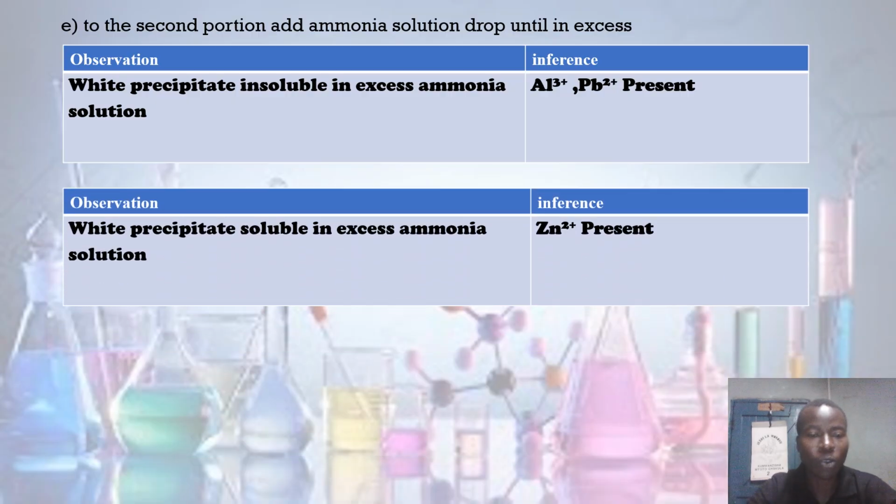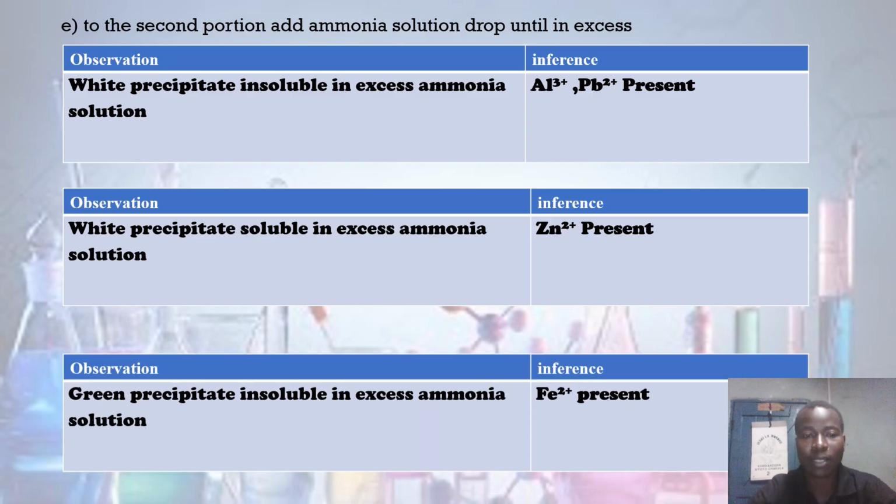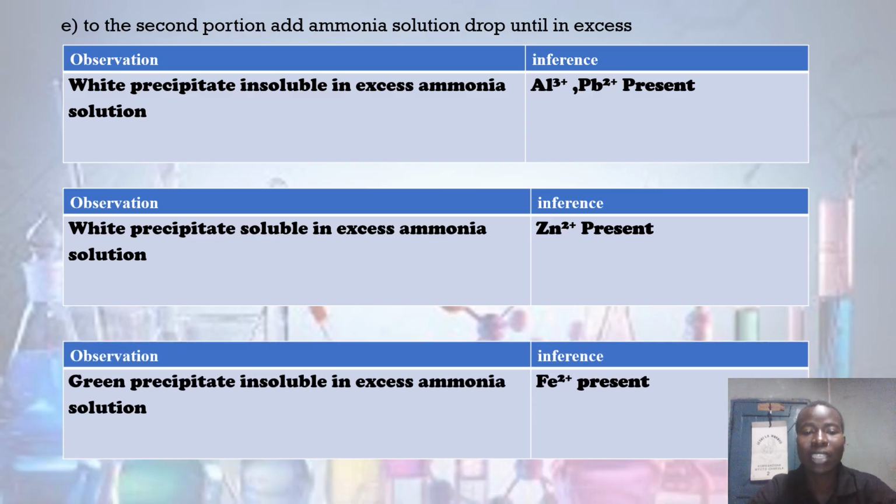But when you see a white precipitate forming which is soluble in excess ammonia, it implies that zinc ions are present. If you see a green precipitate insoluble in excess ammonia, it implies that iron 2 ions are present.